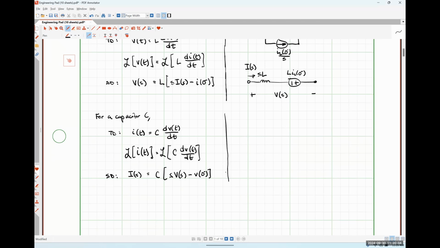So looking at things here, we have I is equal to essentially J omega C. So rearranging that, we would have the impedance of our capacitor as per usual, where that impedance is going to be 1 over SC. And then we have capacitance times voltage. Well, capacitance is measured in farads, where a farad is an amp second per volt.